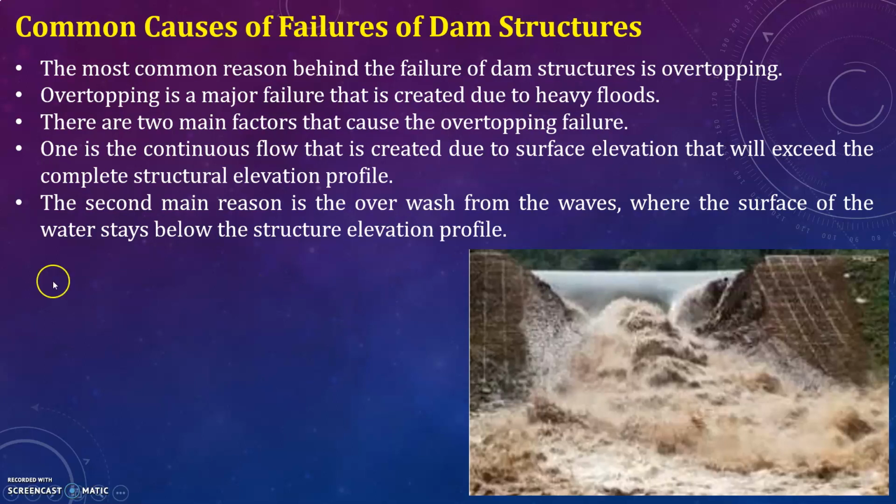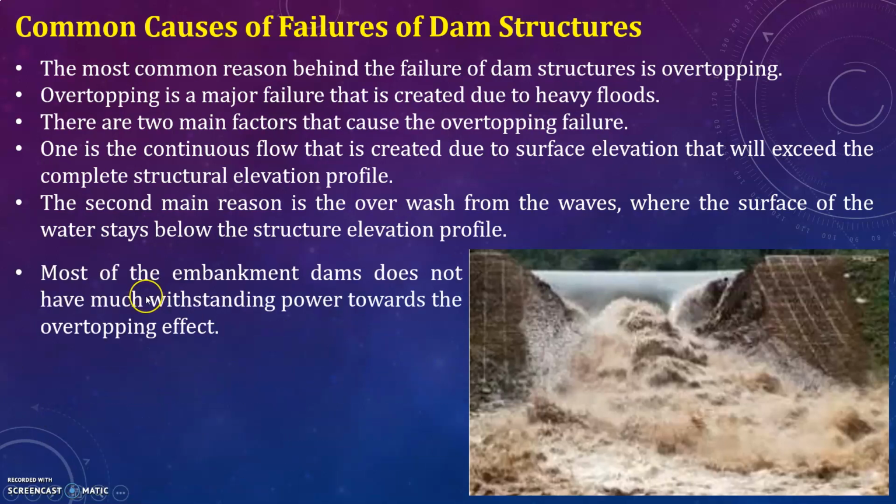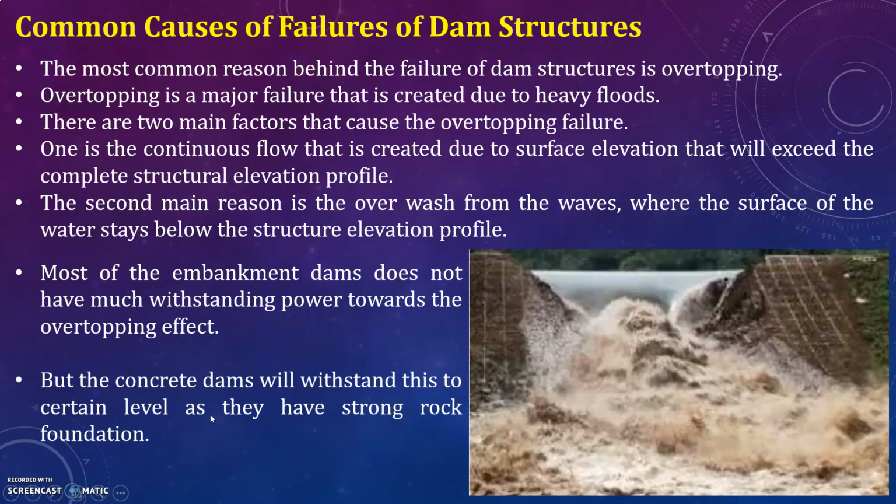Most of the embankment dams do not have much withstanding power towards the overtopping effect. But concrete dams, like gravity dams, will withstand this to a certain level, as they are constructed on a strong rock foundation.